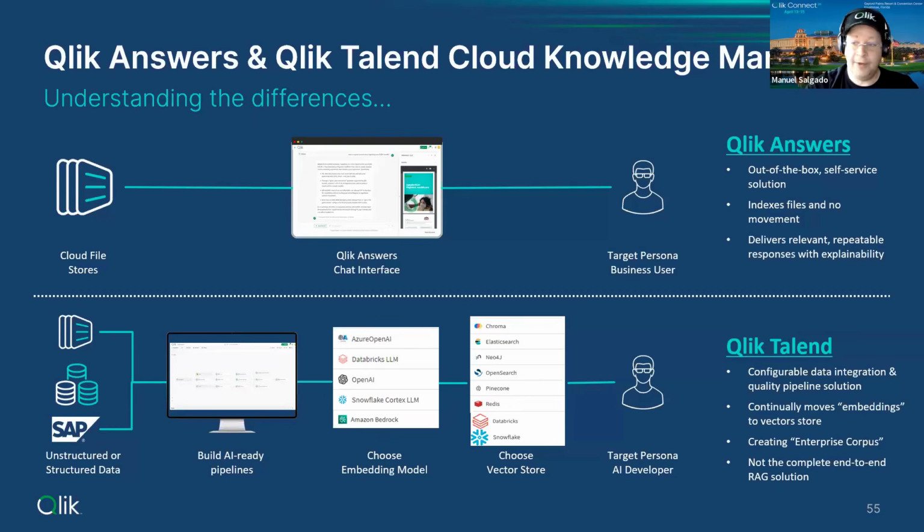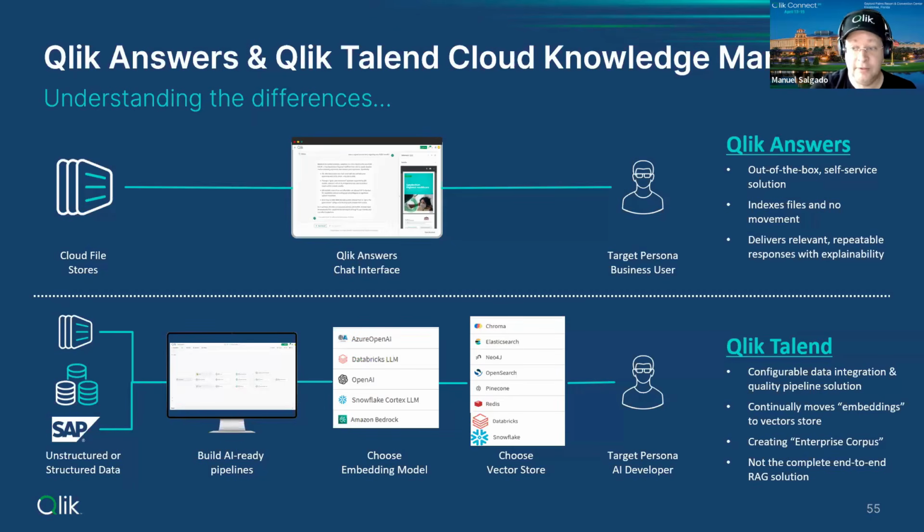On the bottom of the slide, we have what Knowledge Marts do today, which is, I like to call it, Qlik Answers is like RAG in a box, and Qlik Knowledge Marts is build your own RAG. So the idea here is that you want to have more control over what embedding model I'm using, what platform and vector store I'm using.